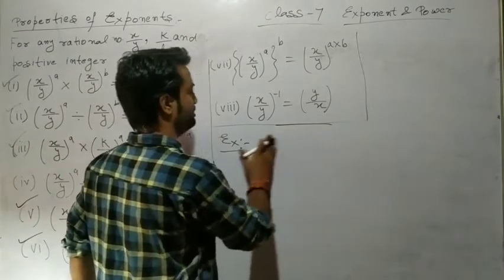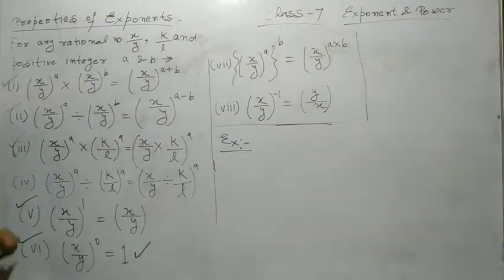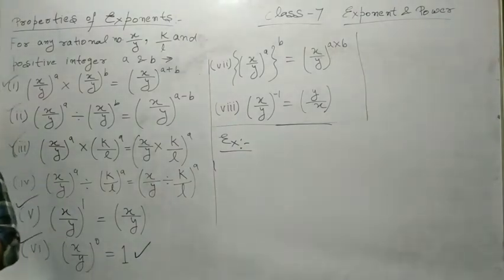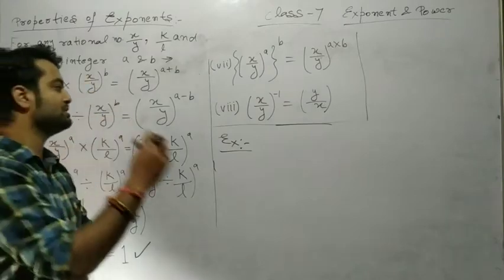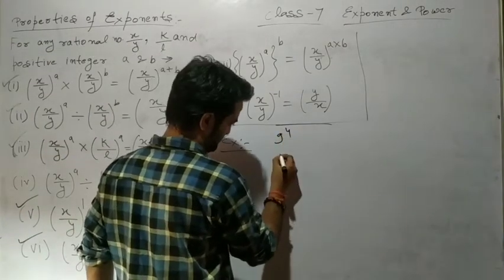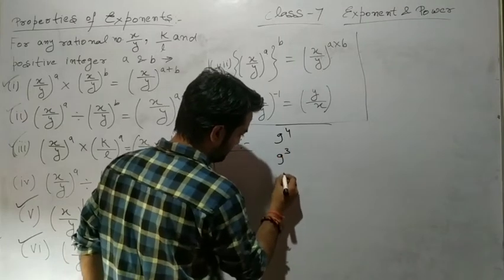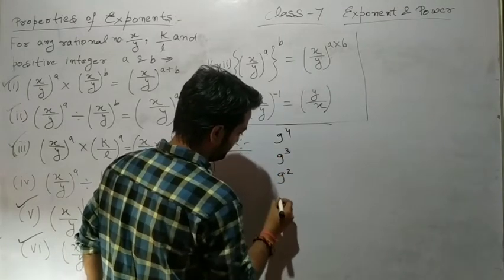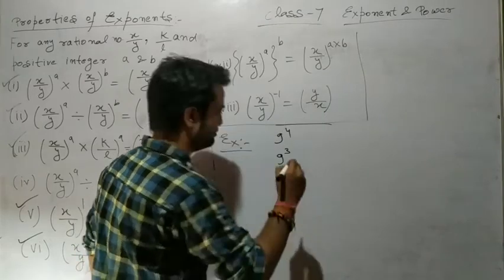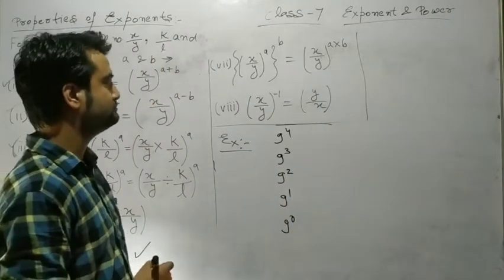In order to prove these two properties, the 5th and 6th, I am taking help of a number. Suppose I am taking 9 raised to the power 4, 9 raised to the power 3, 9 raised to the power 2, 9 raised to the power 1, and 9 raised to the power 0. Do you see any pattern?